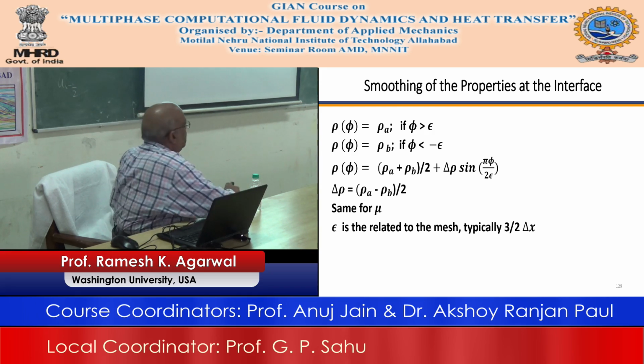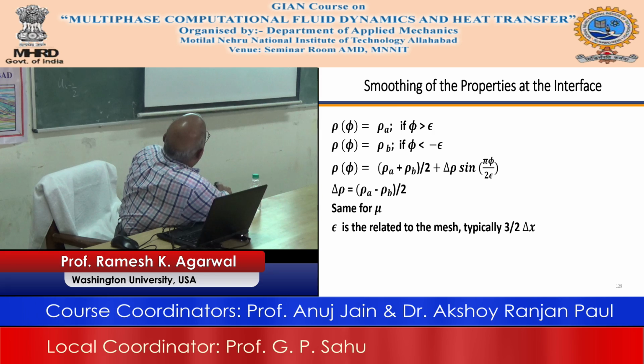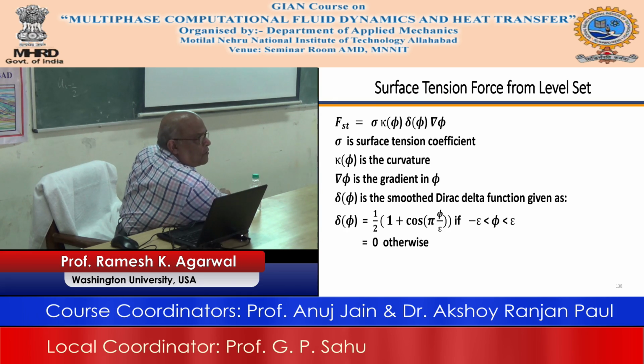Okay. So now this is the same term in the momentum equation. If you recall, this is the surface tension force, this is the surface tension coefficient, this is kappa, and this kappa previously was a function of alpha, that is the volume fraction. Now it is a function of this distance function, and other than that it is the same expression that we had before.